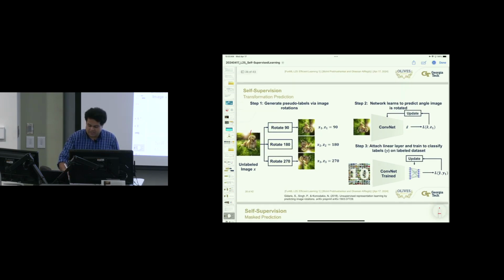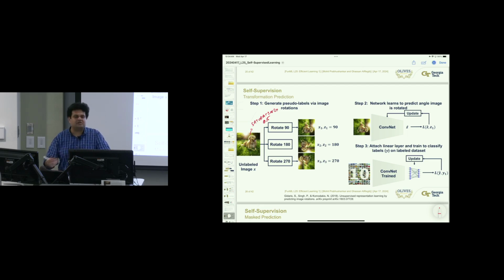So you're, let's say, saturating this image by 0.5 or 0.7 or 0.9, and then the goal would be to learn that saturation, right? So that is another kind of pretext task. Another one can be converting all RGB images to grayscale, or changing it to LAB color space or YCbCr color space. There are many kinds of these transformation predictions that can exist.